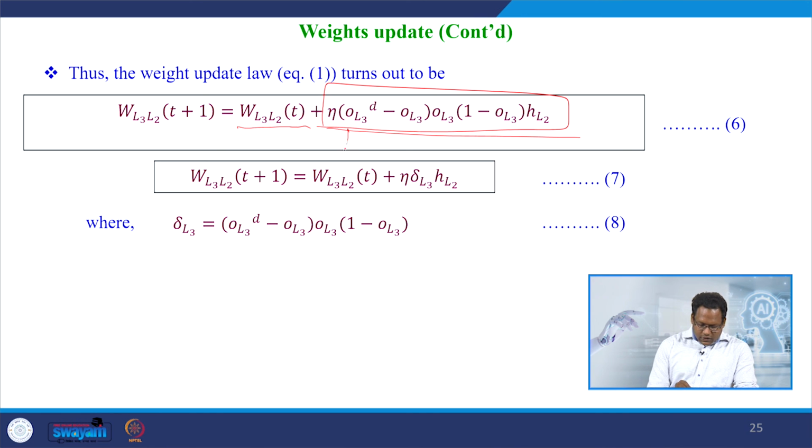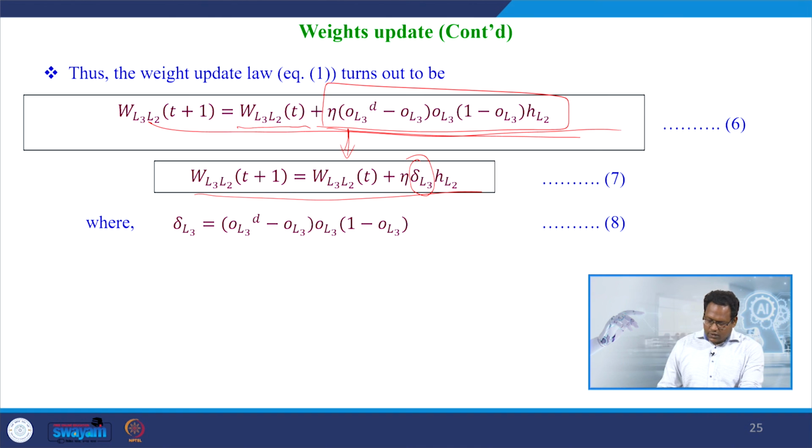Okay, so this expression, equation 6, can be written as equation 7, where we have delta L3 times eta times HL2, where delta L3 is given by (OL3 desired minus OL3 actual) into OL3 into (1 minus OL3).